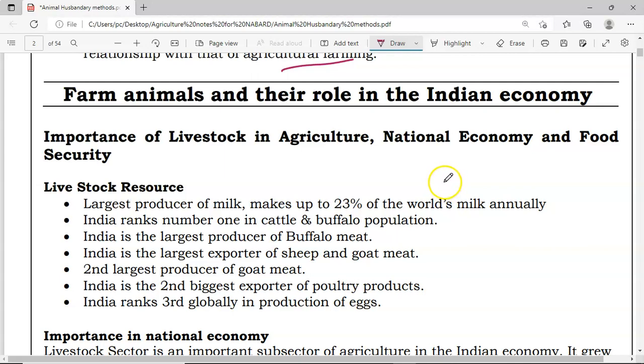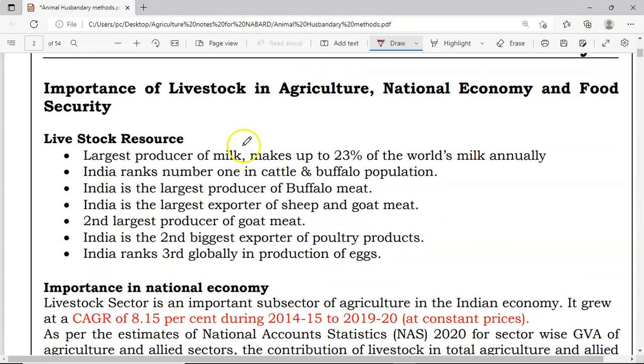You will see how much employment we get from the livestock sector, what the contribution to the Indian economy is, what the rank is, what the production is, and how they are ensuring food security of our country. We will see all these points in this lecture.